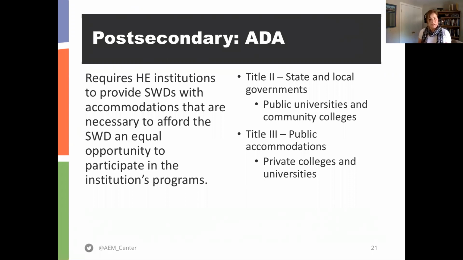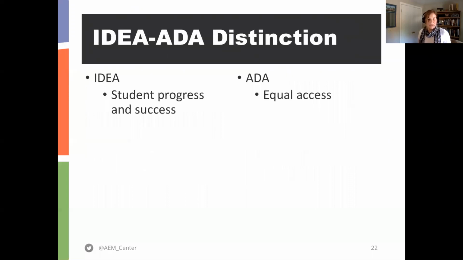There are two titles that apply, which is important to know, because both public and private institutions fall under the ADA. Title II covers state and local government, so that's your public universities and community colleges. Title III covers public accommodations, so that's your private colleges and universities. So anywhere your students are going to higher ed, they're covered under ADA.